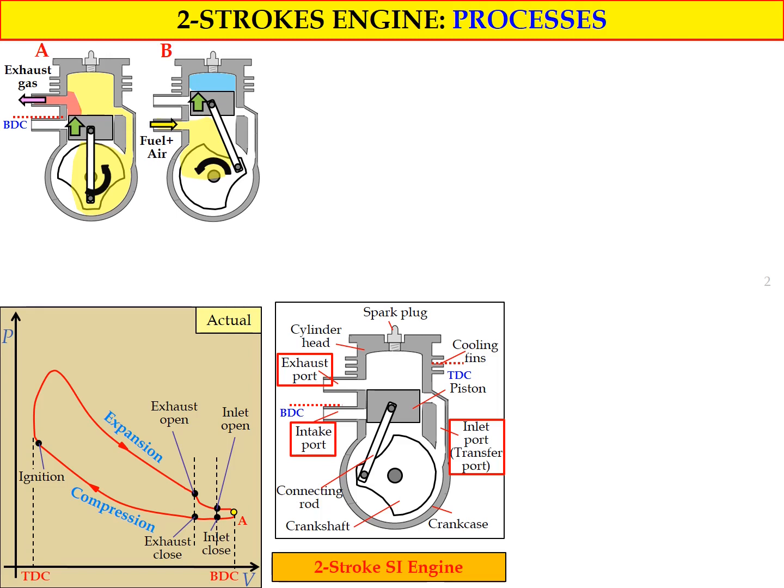Next, for figure B, the piston has already moved upward close to TDC. The blue area represents the compressed fuel plus air mixture. At this time the exhaust port is fully closed and the inlet port is also fully closed, so no exhaust gas is released to the surrounding, and no fuel plus air mixture enters the combustion chamber.